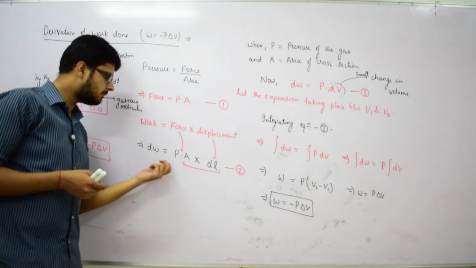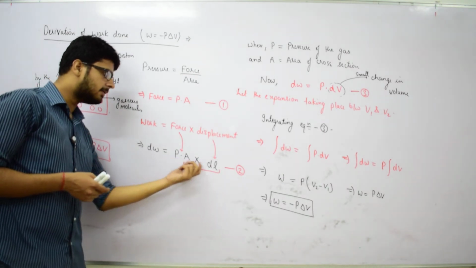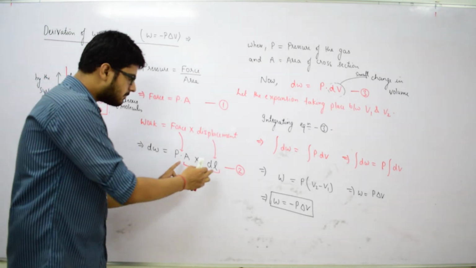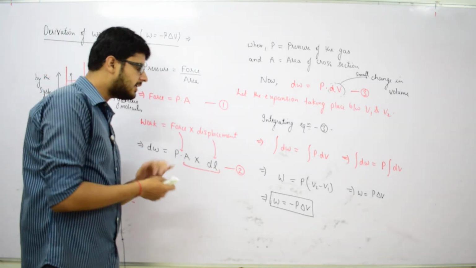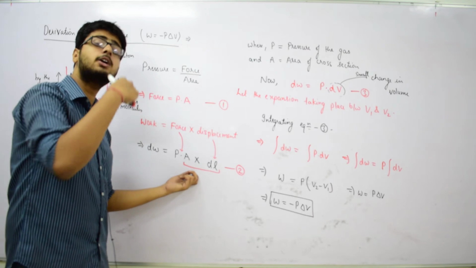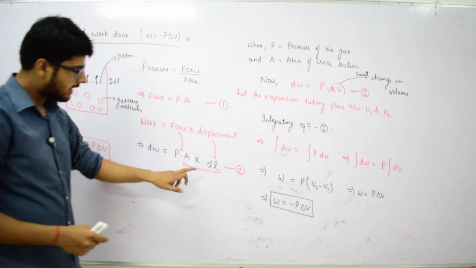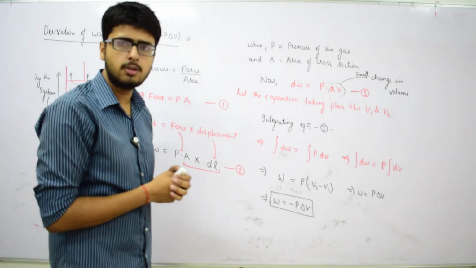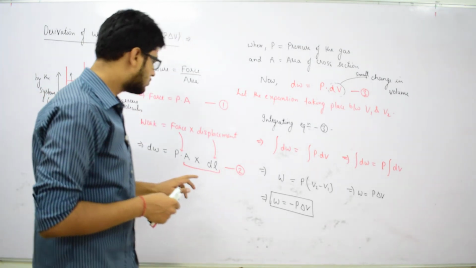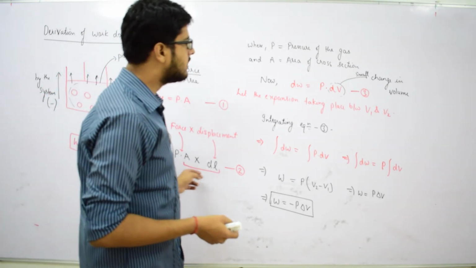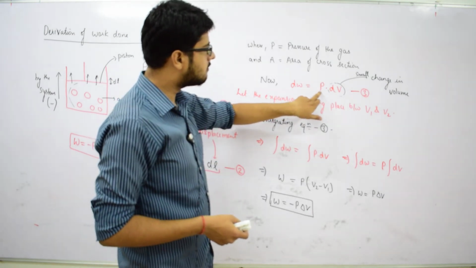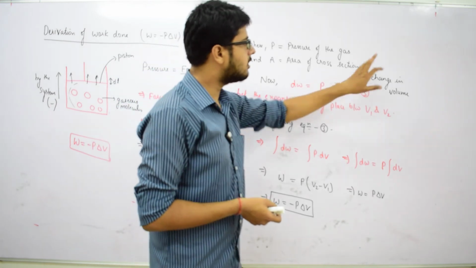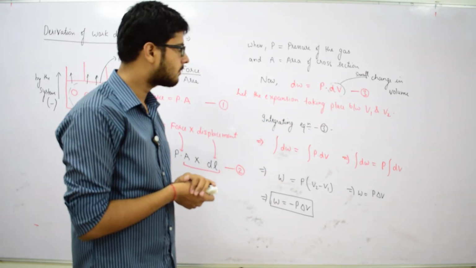So, dW is equal to PA multiplied by dl. Now, this product of area and dl can be written as volume, and since the length element is small, the change in volume will also be small. Modifying equation second, we get dW is equal to P dV, where dV is a small change in volume.